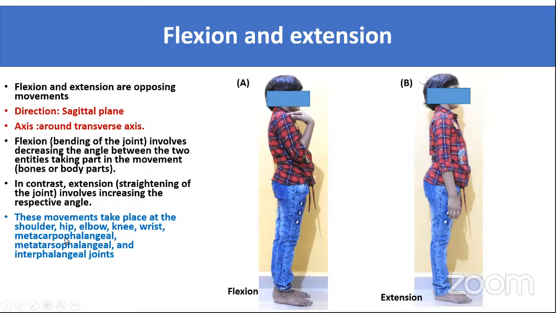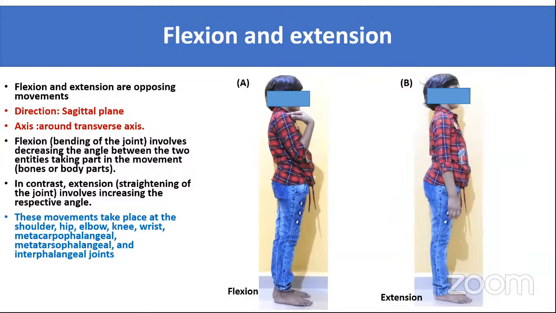Metacarpals are the bones of the palm region. And the bones present in the fingers are called the phalanx, or phalanges together. So the joint between the metacarpal and the first phalanx is called the metacarpophalangeal joint.